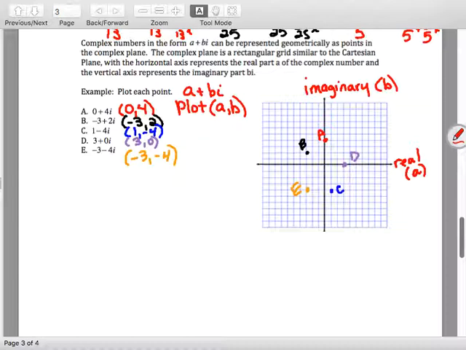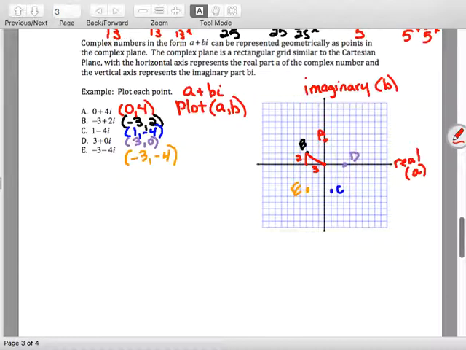Do you happen to remember from geometry this distance? If this was left 3 and up 2, do you remember in geometry, and you probably did it in Algebra 1 as well, how do you find the hypotenuse in a right triangle? Pythagorean theorem.